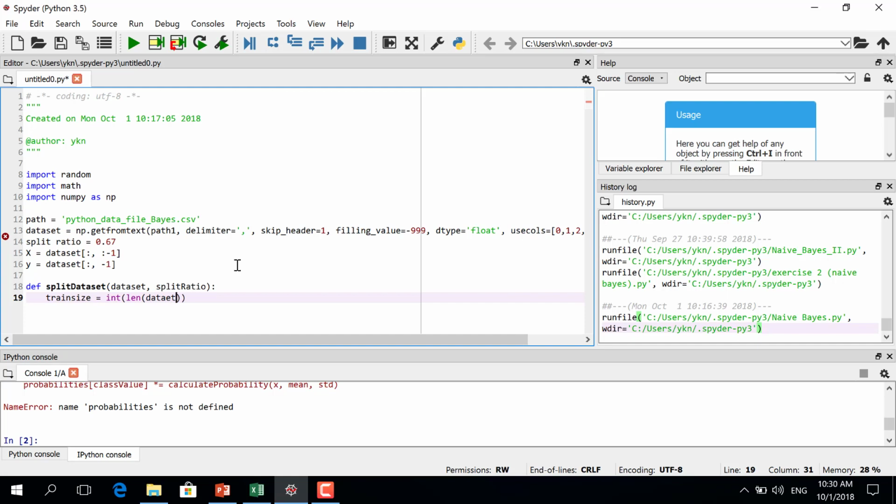Int length means along the length of data set. We took the integer value, means the integer is the count of the number of rows, and we have to multiply with split ratio here.